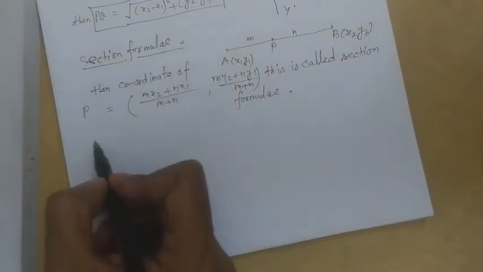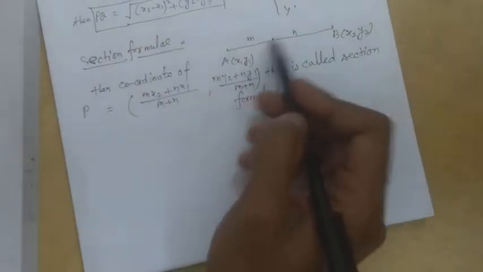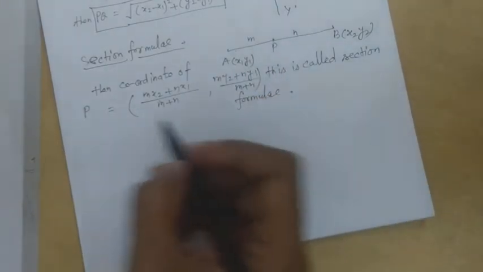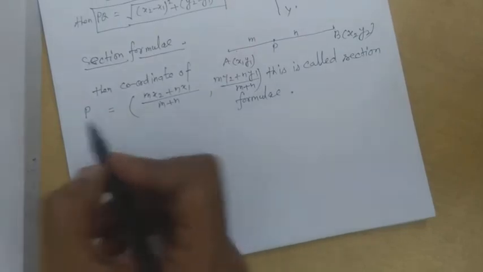In your textbook, this m and n has been given as m1 and m2.